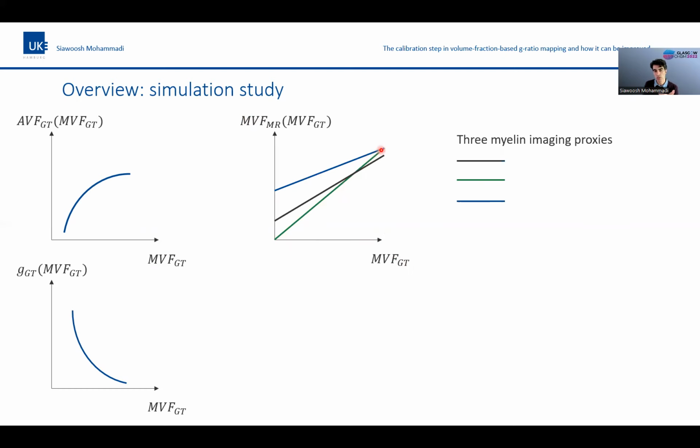We fit curves. These are linear relations that we fit, and they will have different offsets and different slopes, here shown in different colors.